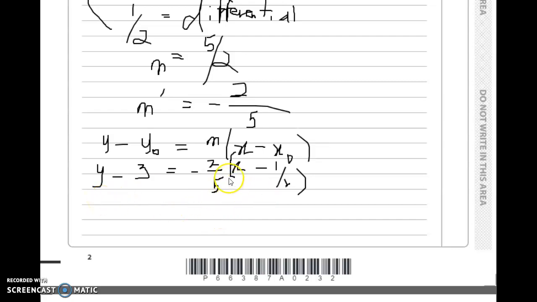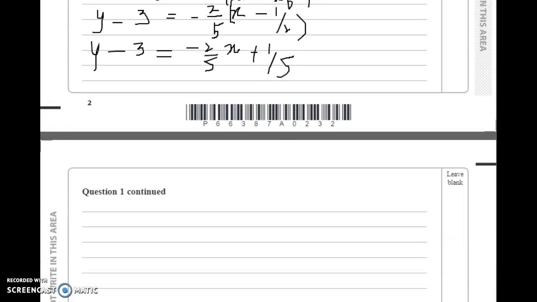Now we have to clear these brackets. So y minus 3 equals minus 2 upon 5x, and then minus 2 upon 5 into minus a half will give us plus 1 upon 5. We need more space, so I'll go down a bit.